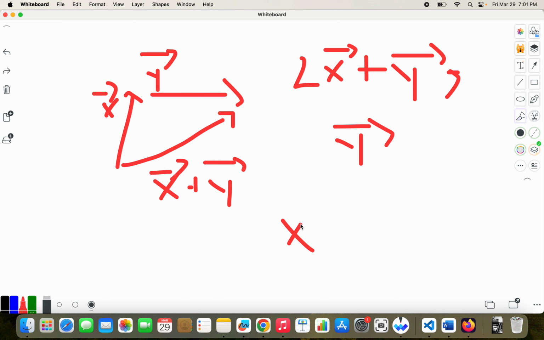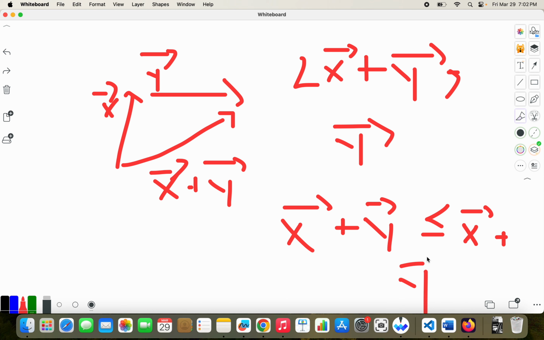How can that be a triangle? Well, anyway, this is a triangle. That's why it says less than or equal to. Usually the triangle inequality is for an actual triangle, but over here it's going to be less than or equal to. This time it works for the equal to.